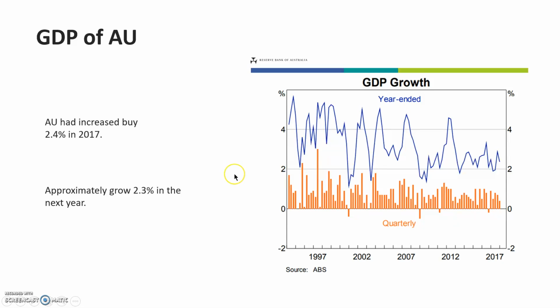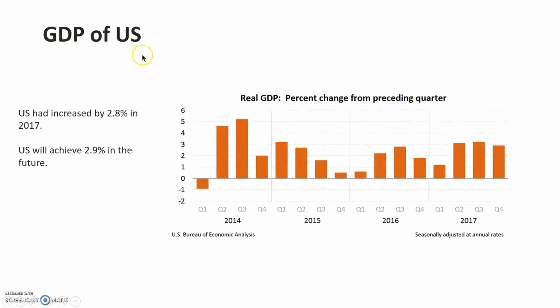Here is a graph of the GDP growth rate in Australia. We can see that Australia's GDP increased by 2.4% in 2017. We think this number will go a little bit down in 2018, growing approximately 2.3% in the next year. For America's GDP growth rate, unfortunately, we only have a real GDP histogram from the United States Bureau of Economic Analysis.